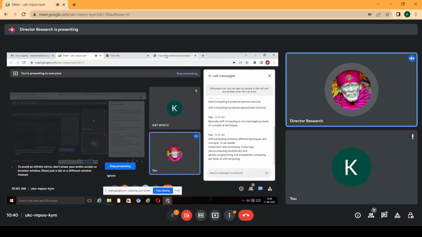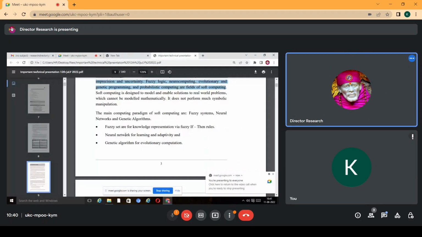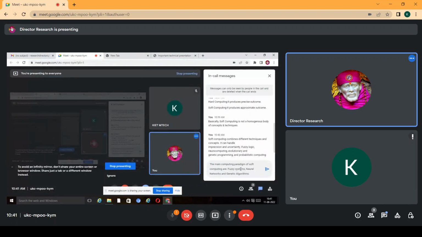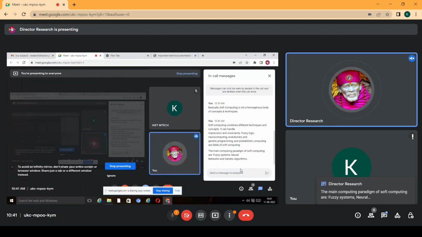The main computing paradigms of soft computing are fuzzy systems, neural networks, and genetic algorithms. This is the main concept.